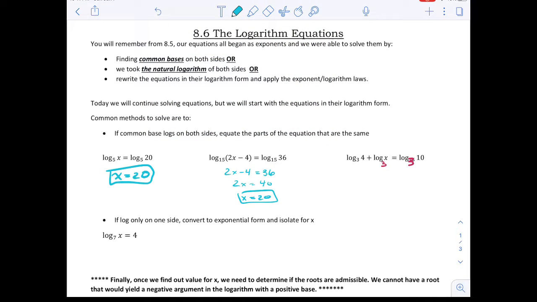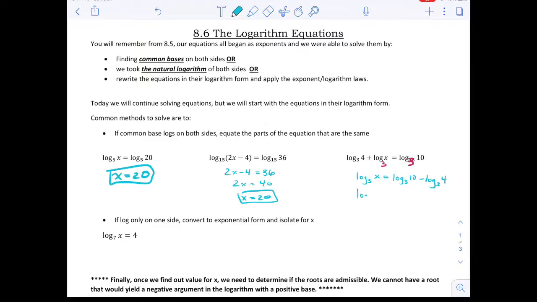But for this one, what we're going to do is get our log 3 of x by itself. So I'm going to leave it over here on the left side. Log 3 of x is equal to, on the right side was already log 3 of 10. And I'm going to bring over log 3 of 4. So I'm going to subtract log 3 of 4. So now in this case, I can combine those ones on the right side, because remember, if we're subtracting two logs with the same base, we can divide their arguments.